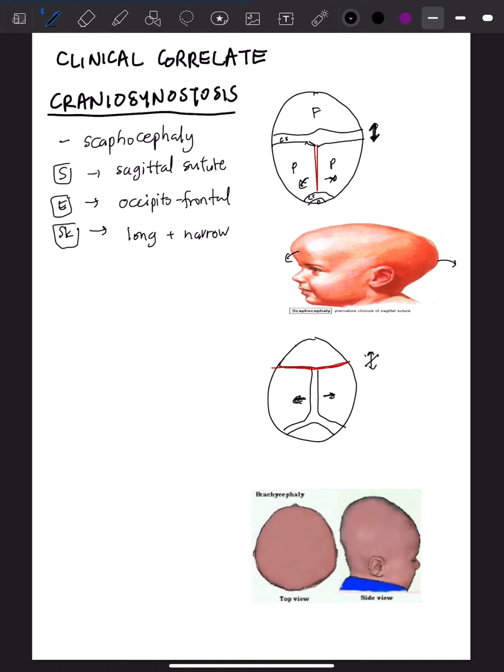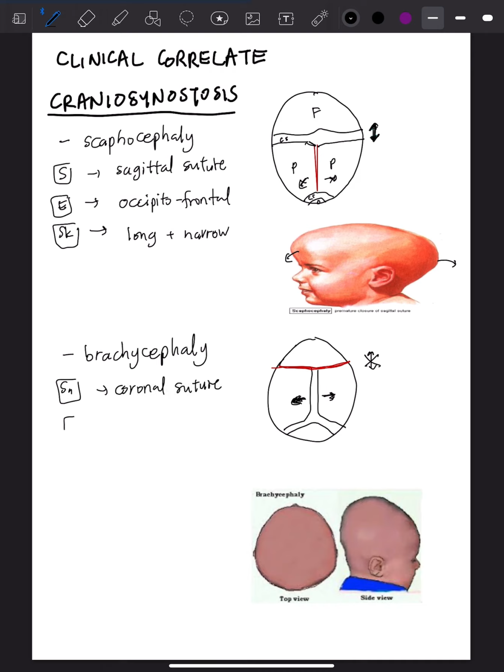This issue here is called brachycephaly.